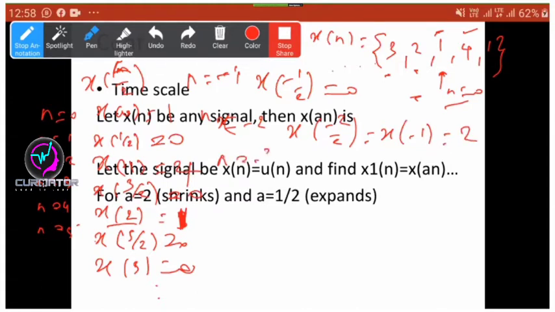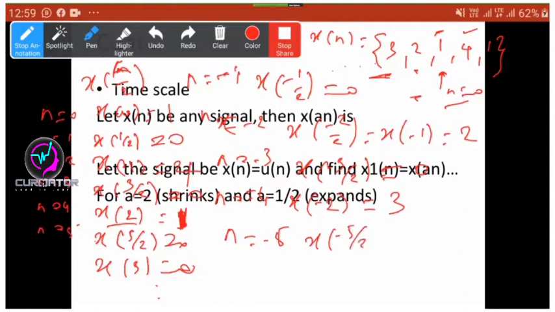For n equal to minus 3, we get x of minus 3 by 2, that is equal to 0. For n equal to minus 4, x of minus 4 by 2, that is x of minus 2, which is equal to 3. For n equal to minus 5, x of minus 5 by 2 is equal to 0. It keeps on going, because we don't have values after this, it will be like this.